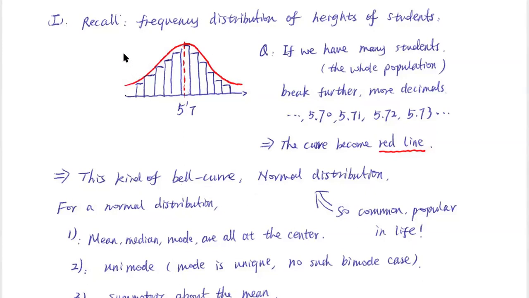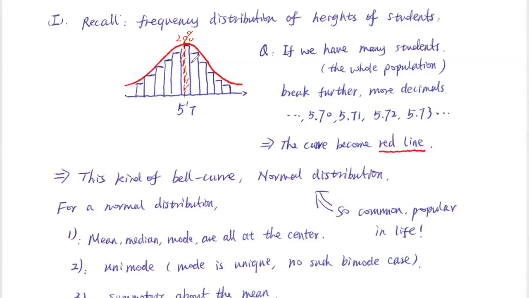If you study this example here, we have, for example, 5.7, say we have 20%. Let me write that down here. For example, 20% of people have this height, 5.7. That is the probability, like one histogram bar.